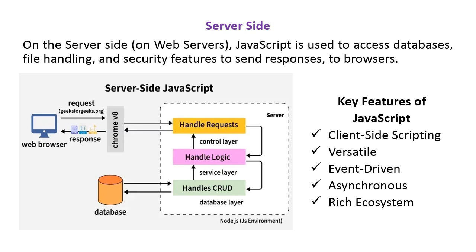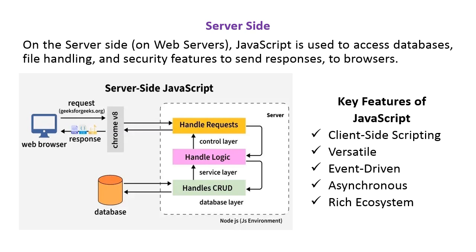The server first handles the request, then handles the logic, then handles the database layer. So there are three layers: database layer, service layer, and control layer. So it is doing the process.